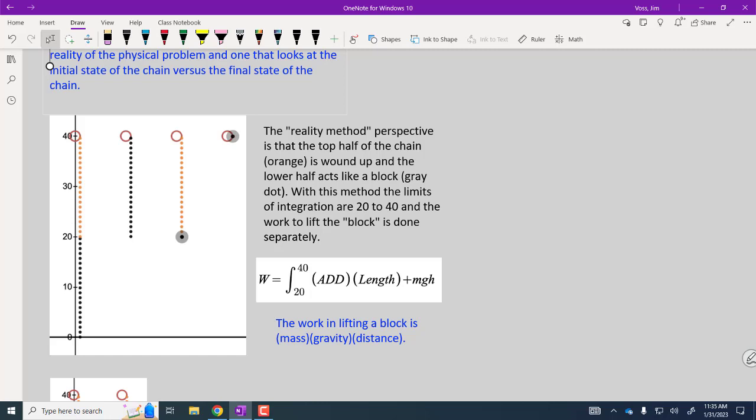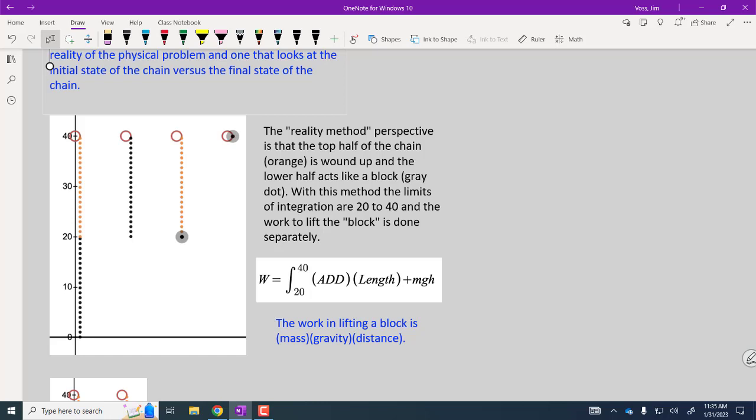When you wind it up, it ends up looking like this. Right? The orange ones get wound all the way to the top. And so this is left dangling, which acts just like a block. So we could imagine the lower 20 being consolidated into a block of whatever its mass is. And it would look like that to start, and it would look like that to finish. It's just like the problem we just did.